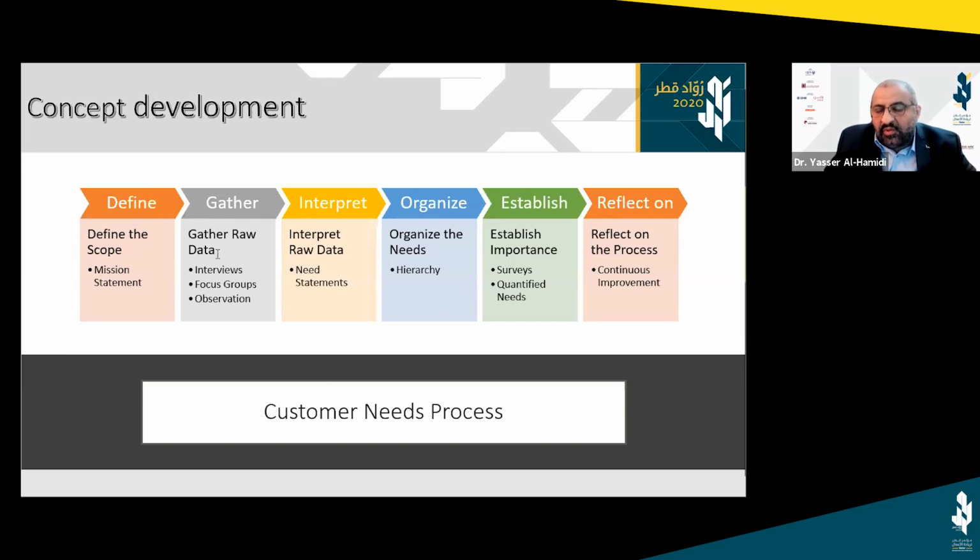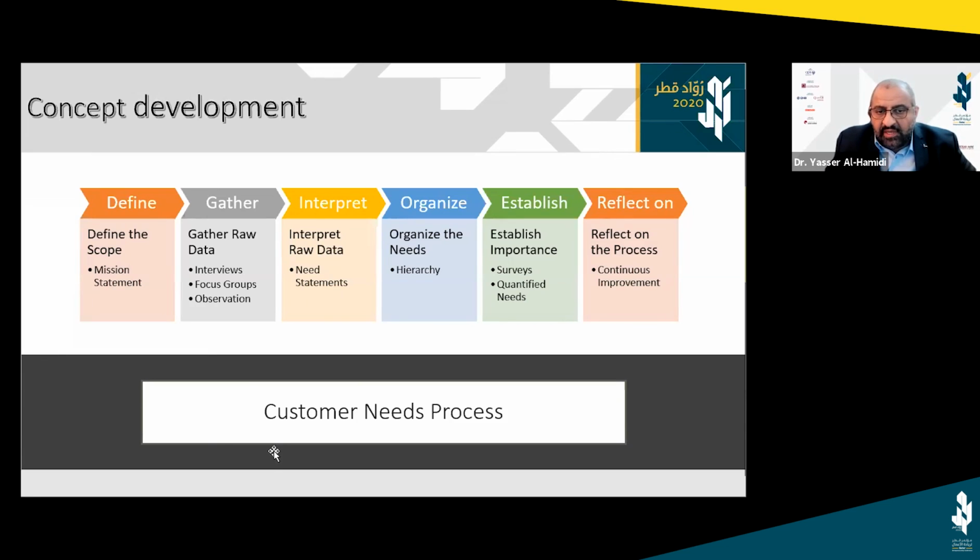Then you will have to go through this process in which you gather data by interviews and by observations, and then you interpret these data, organize the data and remove any redundant data, and establish the importance of these customer needs, because it's very important to identify the critical customer needs, which will be your focus during the development process.